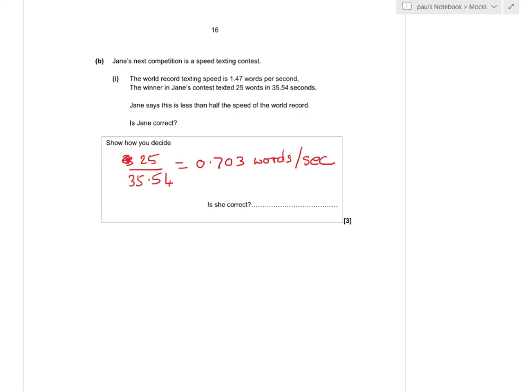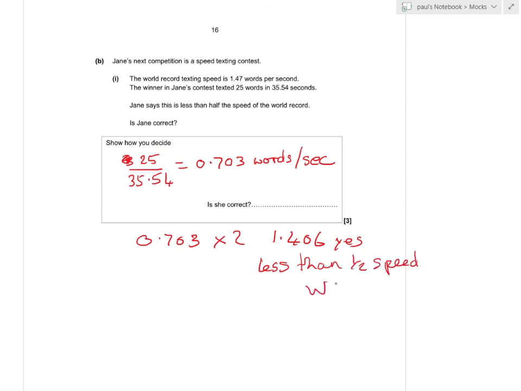So if we double 0.703, we get 1.406. That's still less than half the speed of the world record. Is she correct? Yes, she is correct.